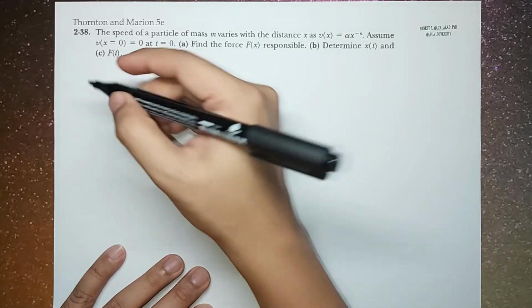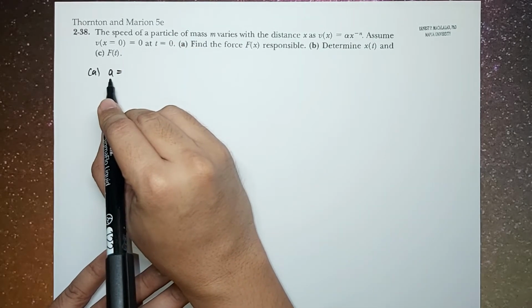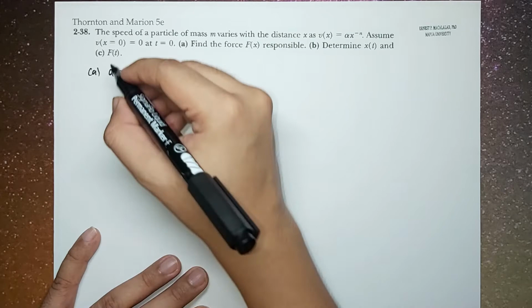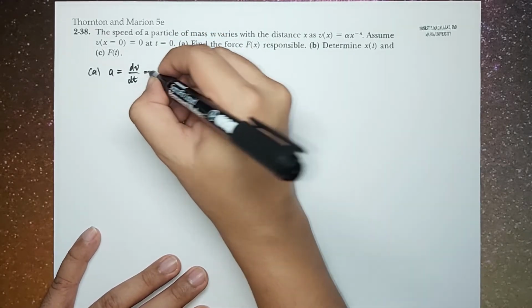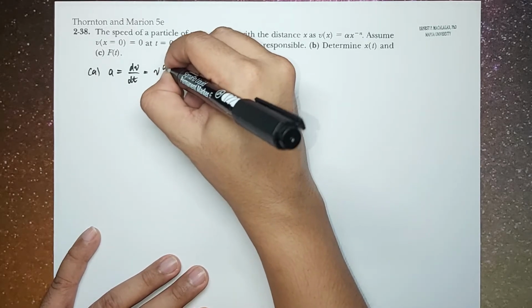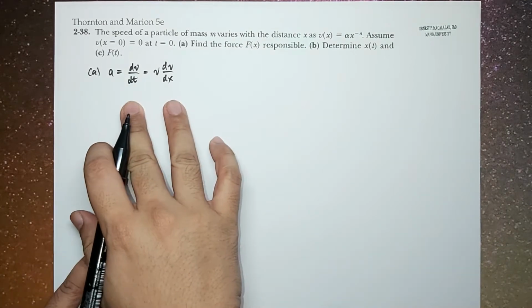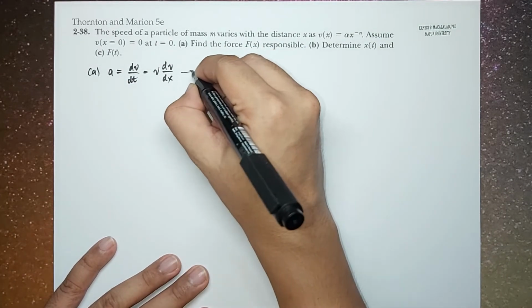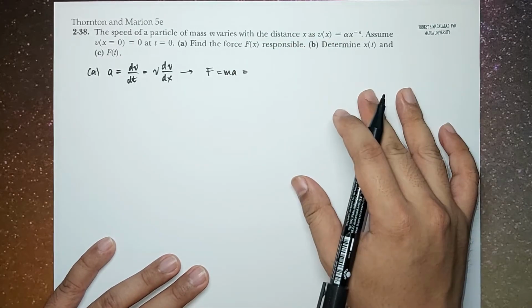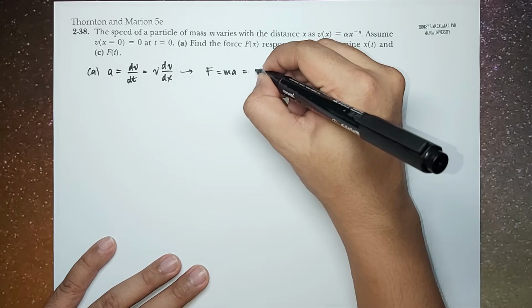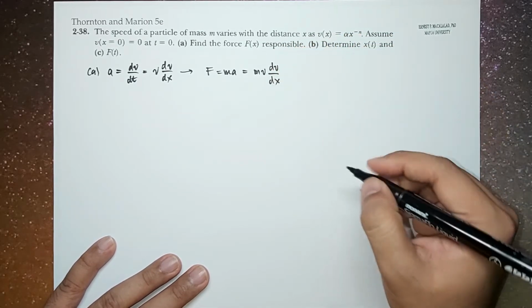Okay, as you can recall, a is your acceleration, which is the derivative of v with respect to time, and by the chain rule this is equal to v times the derivative of v with respect to x. Therefore, the equation of motion F equals ma will now be equal to m times v times the derivative of v with respect to x.